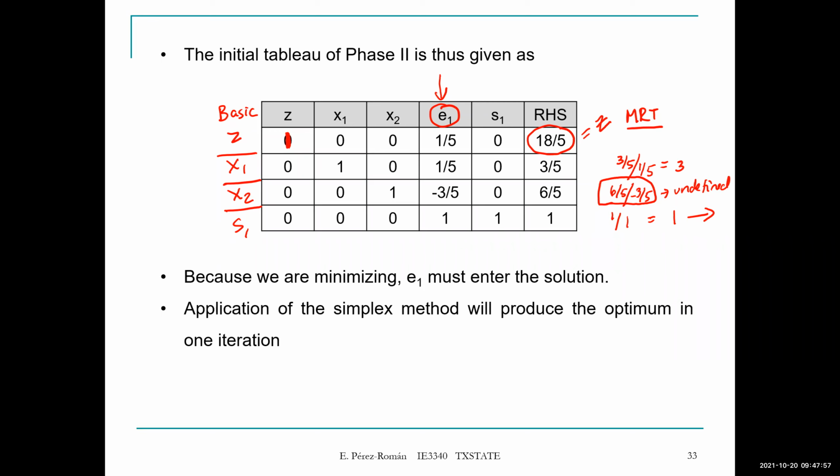Yes, that's a very good question. What this means, mathematically speaking, is that for that constraint, it doesn't matter the value for E1, because it's not going to impact the solution of the problem.